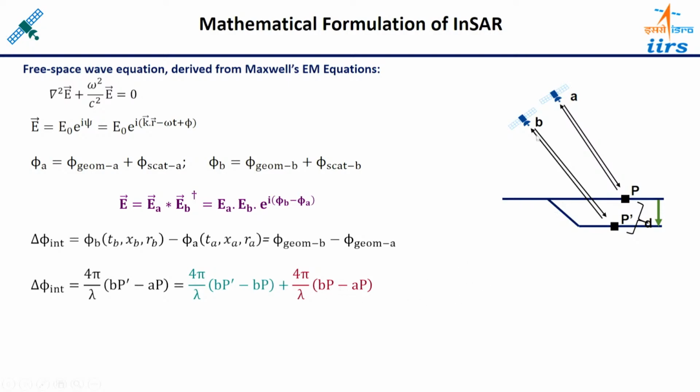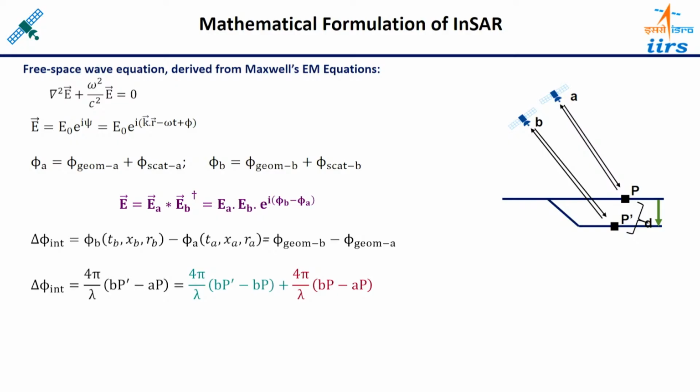BP and AP mean both the satellite positions are looking towards the single target without deformation, so they will measure the topography of this particular region. So this particular term is called the topographic phase, this is called the deformation phase, and this is the interferometric phase. Now from this equation we can say interferometric phase is equal to the sum of deformation phase and topographic phase.